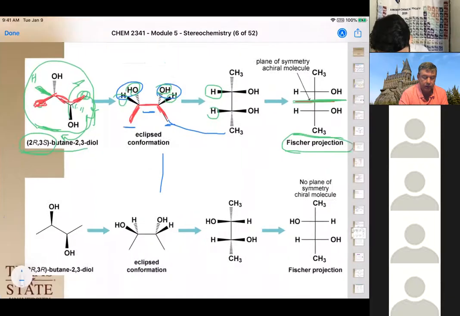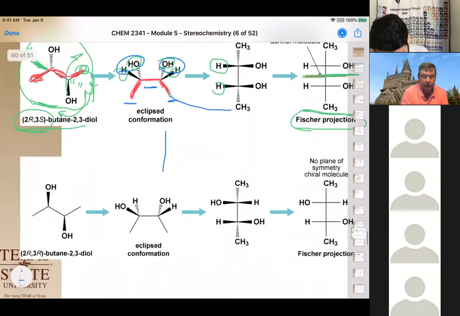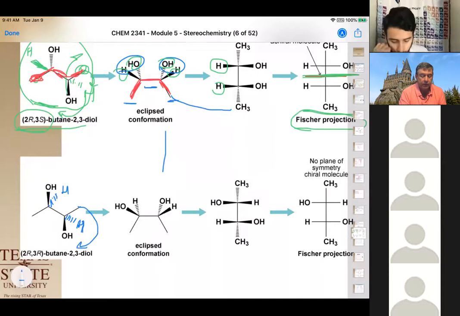This is the 2R3R. So in this case, you would of course put your hydrogen here and your hydrogen here. Because this hydrogen is back and that hydrogen is back, when you rotate this methyl group down, this OH is going to end up being in the back and this hydrogen is going to end up being in the front.